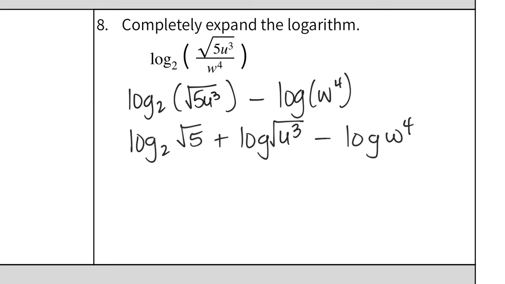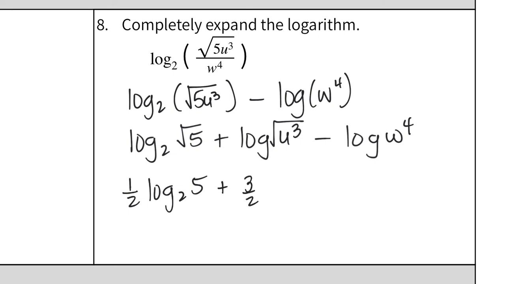Last thing is power property, and it turns out all of them have it. So square root is just another way of writing to the 1/2 power. And both of these have that. So that means that we need to have that for each one. So 1/2 log base 2 of 5, not underneath the square root anymore.